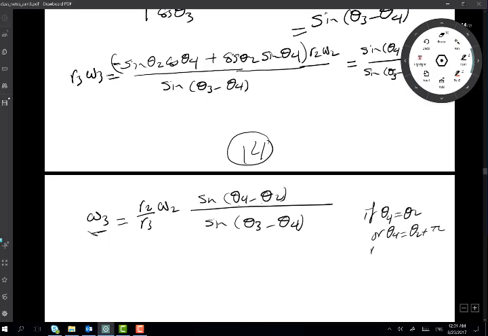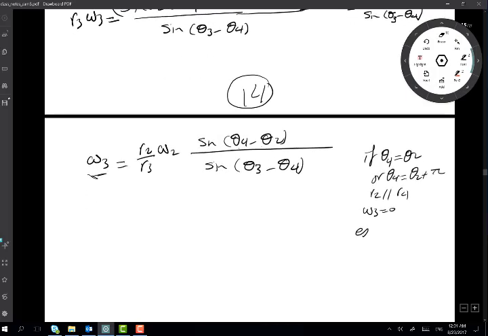So R2 is parallel to R4 at this point in time, omega 3 will be equal to 0. These will be extreme or stationary positions for R3.